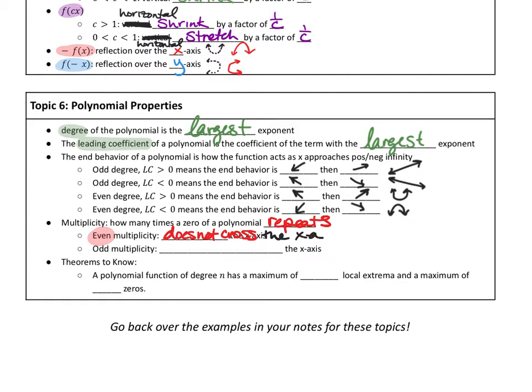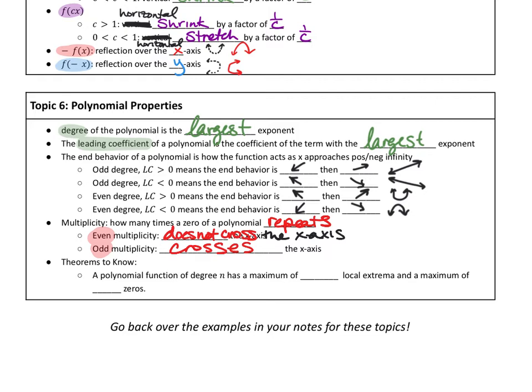But at that point, it does not cross the x-axis. An odd multiplicity graph does cross the x-axis at that particular point. So odd means cross, even means bounce. It bounces off or does not cross. It'll touch it, but it does not cross.